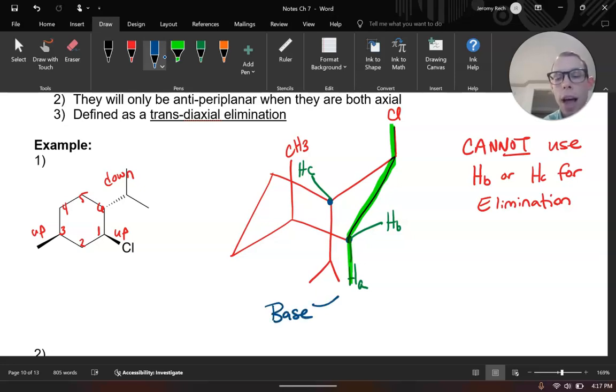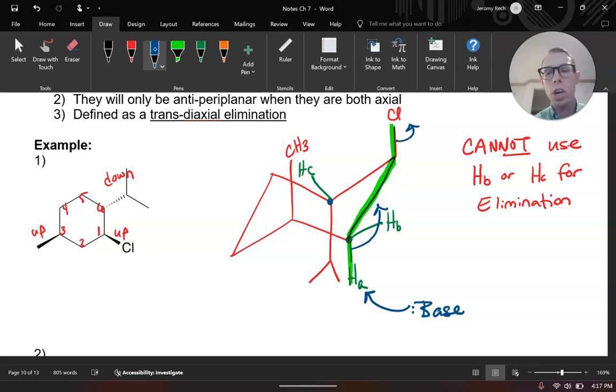Because if it's trying to attack, there's going to be some steric clash with that isopropyl, and that's going to make that reaction slower. So I have a base over here. It's going to abstract my HA. Those electrons are going to go into the bond, and then my leaving group is going to leave. And there's the way in which I'm showing this chair-like structure and my mechanism at the same time.